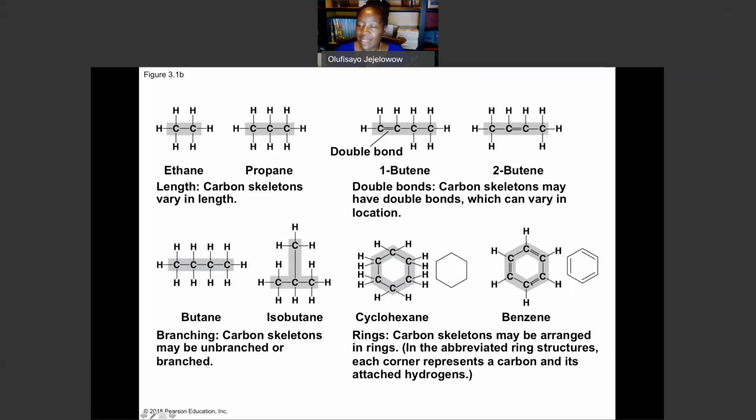In benzene, on the other hand, which is an alkene, there is not enough hydrogen bonded to every carbon. So the carbon atoms are sharing 2 pairs of electrons in 3 locations. So it's an alkene, and so we have double bonds within the ring.